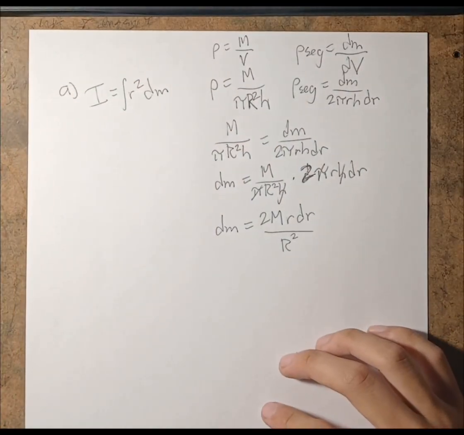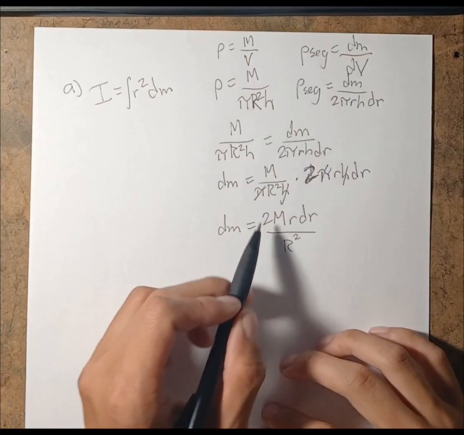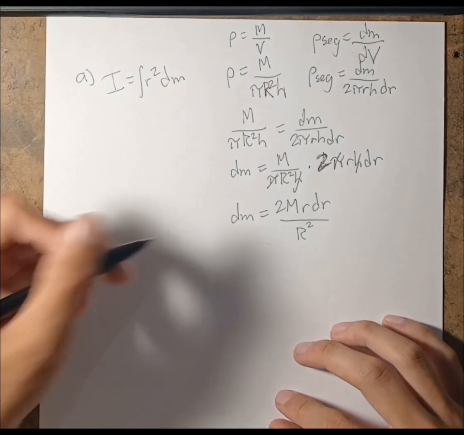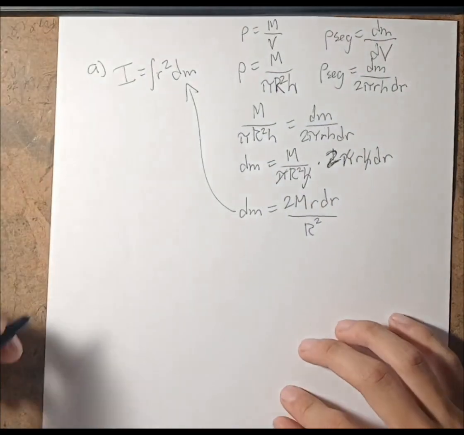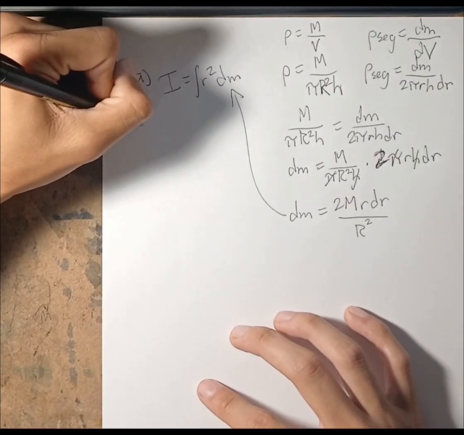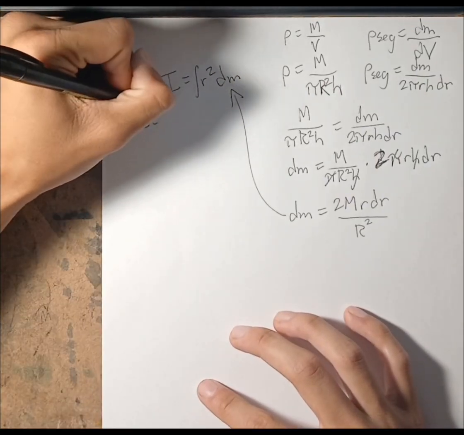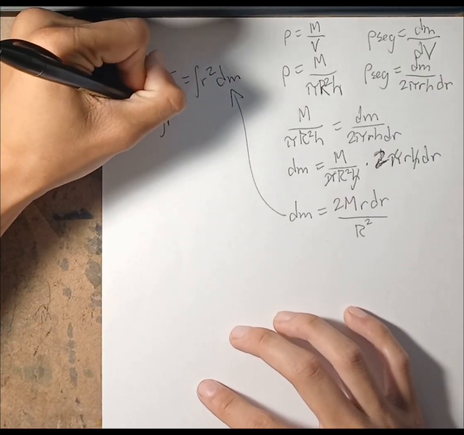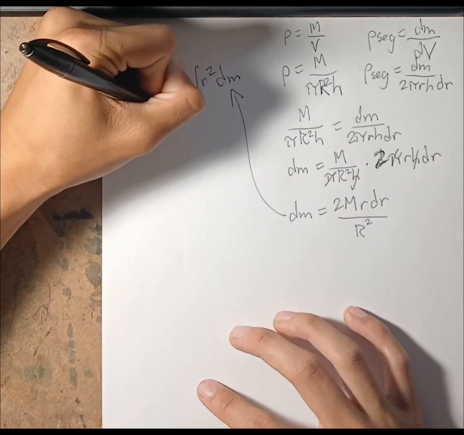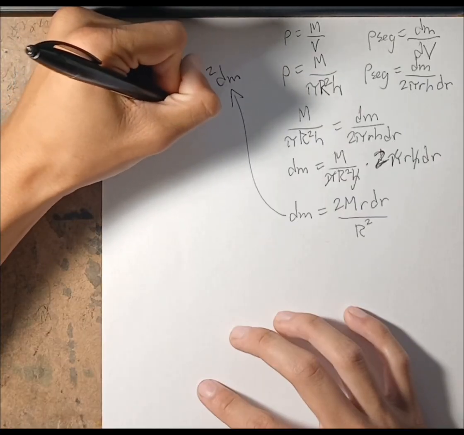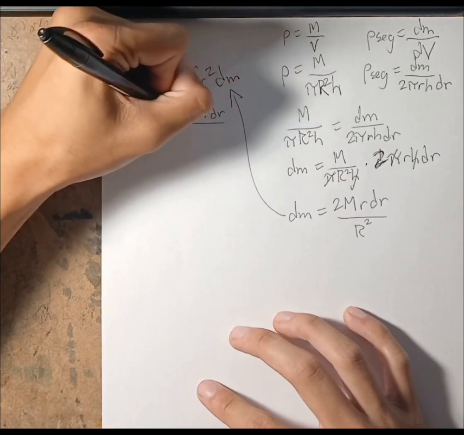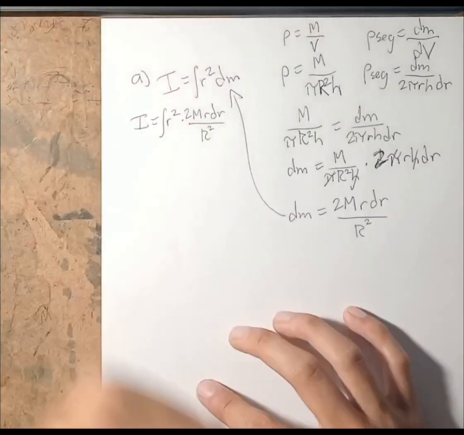Now, since we have a substitute for dm using terms that we can figure out, substitute that in for here. So I equals the integral of r squared, and then times 2m little r dr over big R squared.